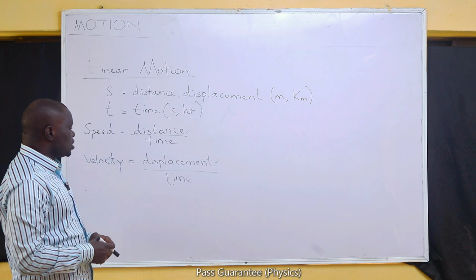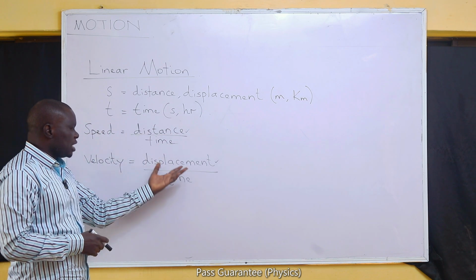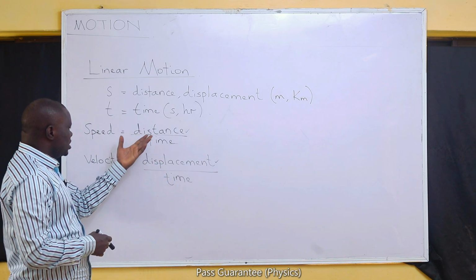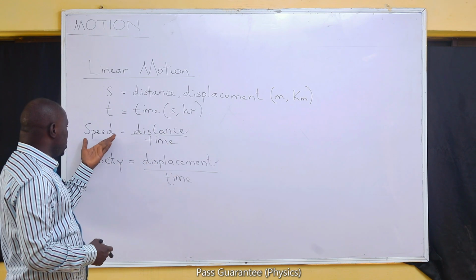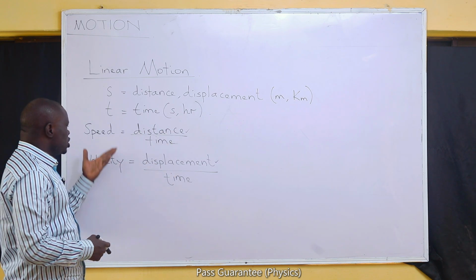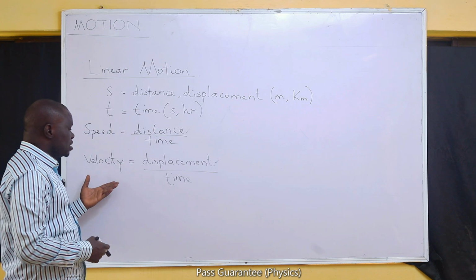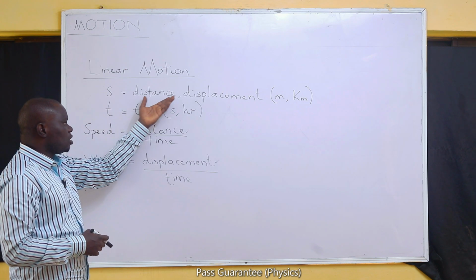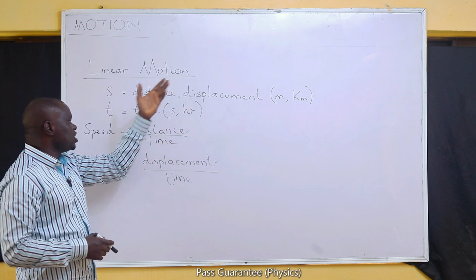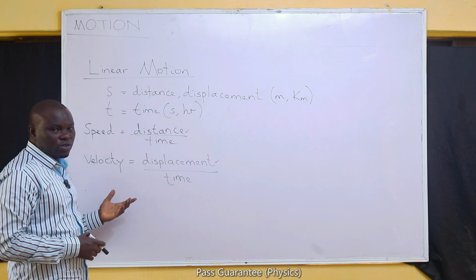The only difference between them is that while one is scalar, the other is vector. So the difference between distance and displacement is also the difference between speed and velocity. While speed is a scalar quantity, velocity is a vector quantity. So when you attach direction to distance, it becomes displacement. When you attach direction to speed, it also becomes velocity.